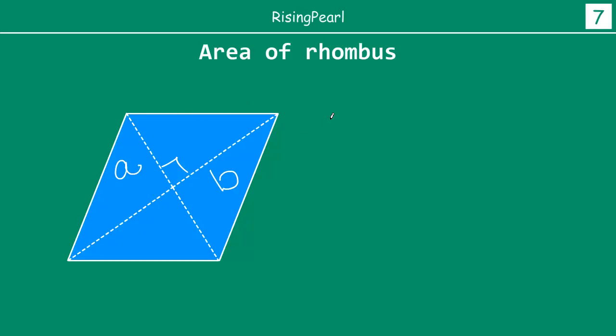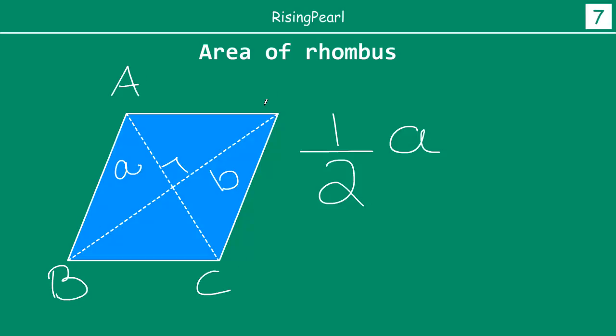So then the area of a rhombus will be half a. Actually, let's do one thing. Instead of trying to figure out what exactly is the area of a rhombus, why don't we quickly find out, like we discussed, by breaking this into triangles. Let's say the rhombus is ABCD, and the diagonals intersect at O.